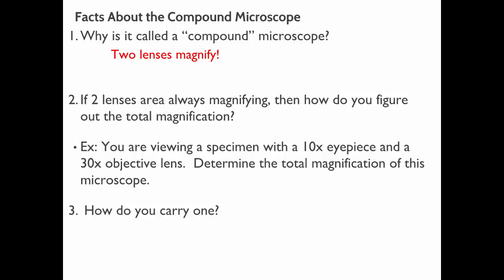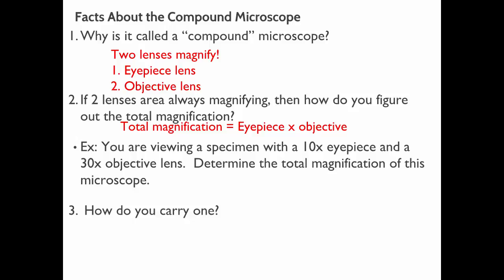So if I'm looking at a slide and I want to know how much my image is being magnified, if two lenses are magnifying, what I have to do to find the total amount of magnification is multiply the power of the eyepiece times the power of the objective lens. Okay? That's how you find the total magnification of a microscope.